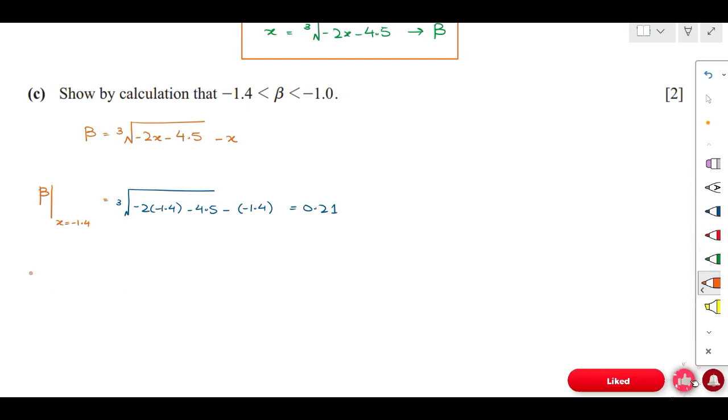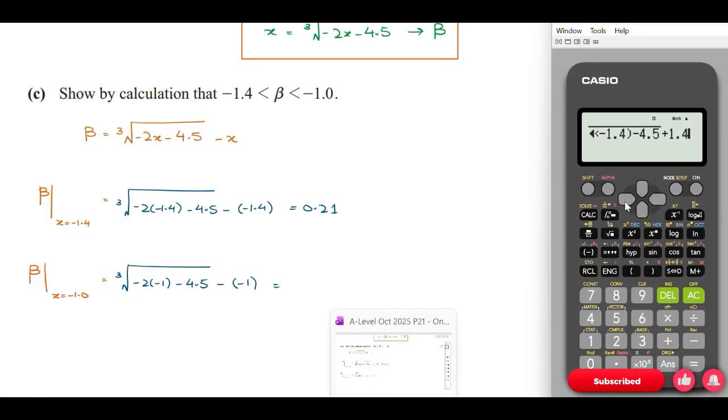And the other one, what is the beta value when x equals minus 1.0? Okay, so let's do this. Cube root of minus 2 times minus 1 minus 4.5, and negative x is minus minus 1, so just replace this with 1.